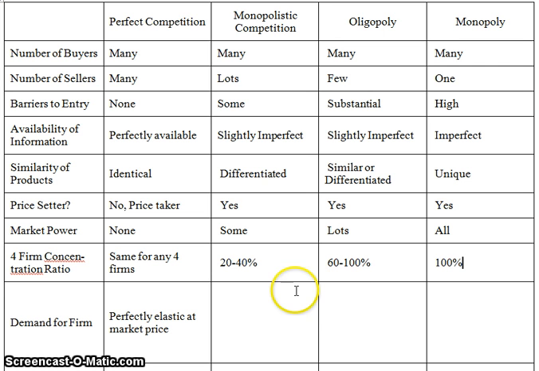So that takes us to the demand for each firm. So when we drew the demand for an individual firm in the perfectly competitive market, here we had the market demand and supply, and it gave us that equilibrium price, and the demand for the firm was just that price. Whereas if we look at a monopolistically competitive firm, they do actually have a downward sloping demand curve.